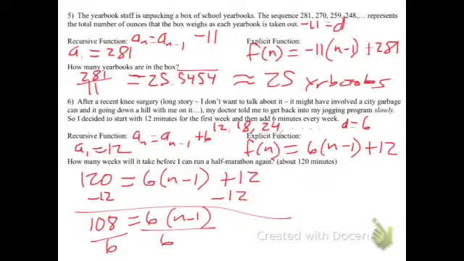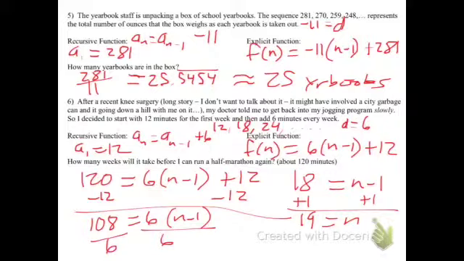So it's going back to our beginning of the year type stuff. Here, 108 divided by 6 is going to be 18. And then you add 1 to finish up. So that's going to be, whoops, that's not 18. That's 19. Because 18 plus 1 is 19. So that's what n is.